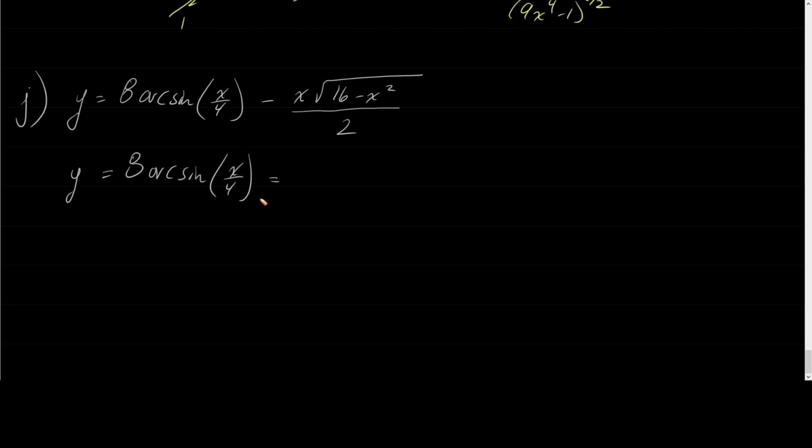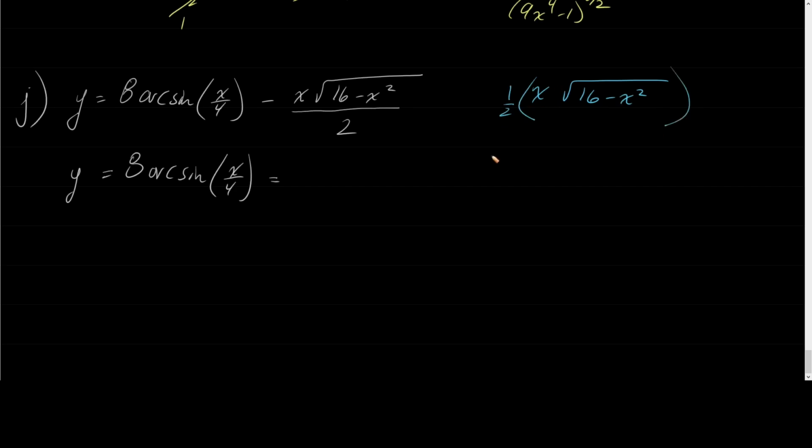I'm going to say that remains the same. But now I'm going to manipulate this statement right here. So let's look at how I'm going to manipulate that. So I have x times the square root of 16 minus x squared. The first thing I'm going to do here is take this over 2 and put it all the way out here: 1/2 times all of that.